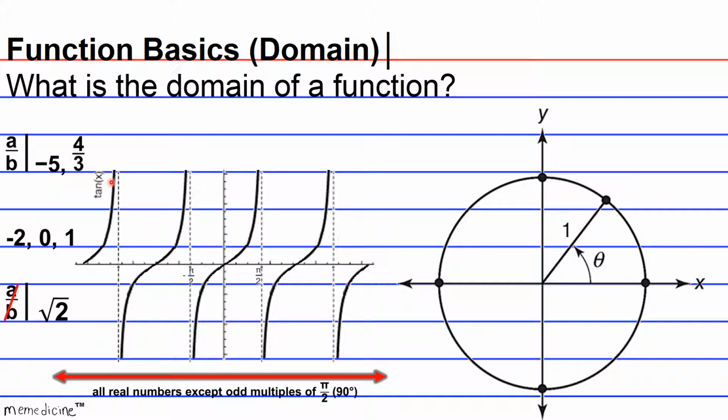I'm going to show you why that is. Let's say that we have some point P located right here. This point is the intersection of the unit circle and the terminal side segment of this acute angle theta.